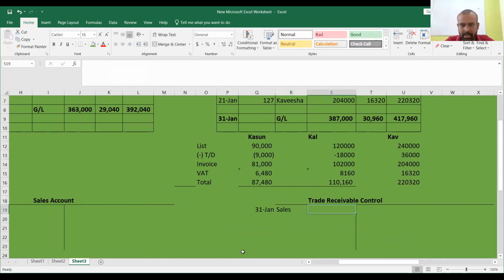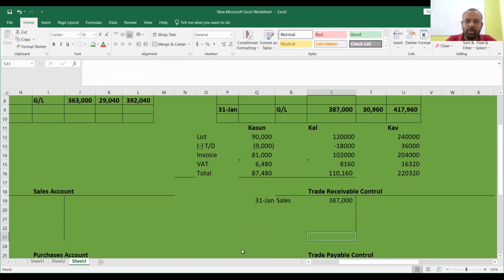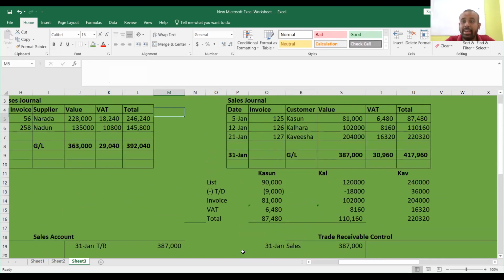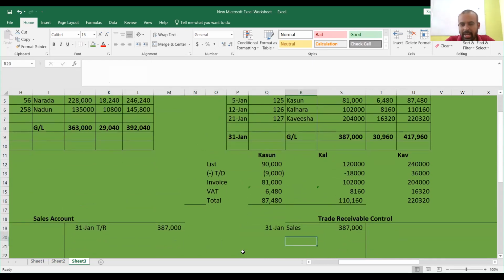Sales 387,000. Since it is an income, you need to credit it to the sales account. That value column will be debited to the trade receivable and credited to the sales account. Sales account, credited, saying trade receivable, how much? It's 387,000. Next the value added tax, 30,960. Value added tax 30,960, we also need to collect that from the customer.